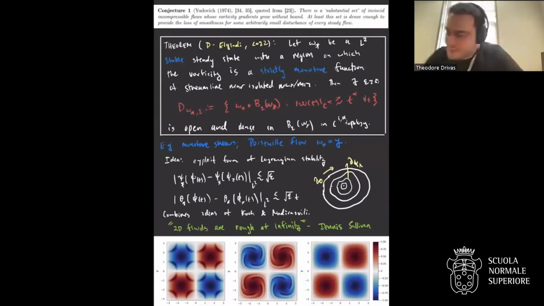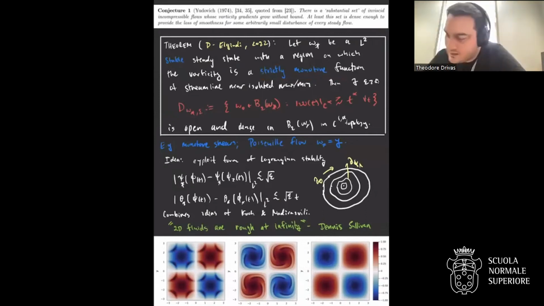But with Tarek, we have some sort of result about the genericity of this type of behavior around certain steady flows, namely those which are Lyapunov stable, so like Arnold stable flows, and moreover have some structural condition, some strict monotonicity of the vorticity, say in a neighborhood of its maxima or minima.